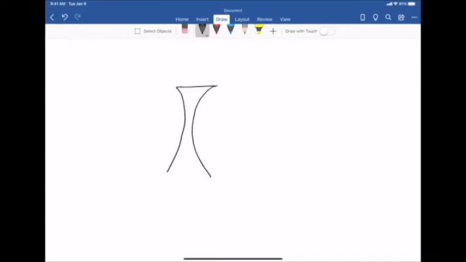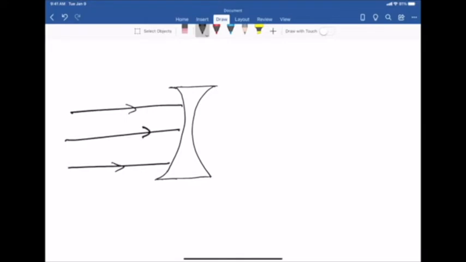It's got two curved surfaces, but the curved surfaces are like this. So if you send rays of light into this lens, what's going to happen is that as a result of refraction from the lens, they will diverge. They will no longer remain parallel, they will diverge.